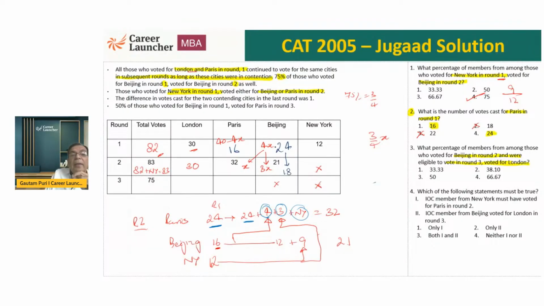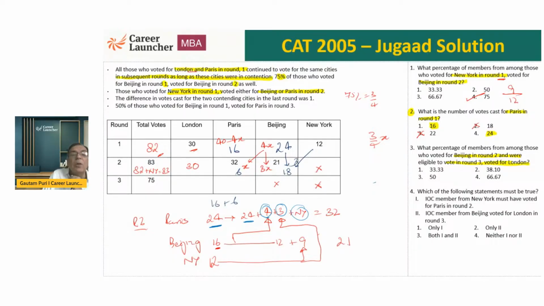And 4x is 24, so x is equal to 6, so 6 will come here. So Paris in round 2 will then become 16 plus 6. And there are 3 people who will come from here. 18 plus 3, 21. Right?